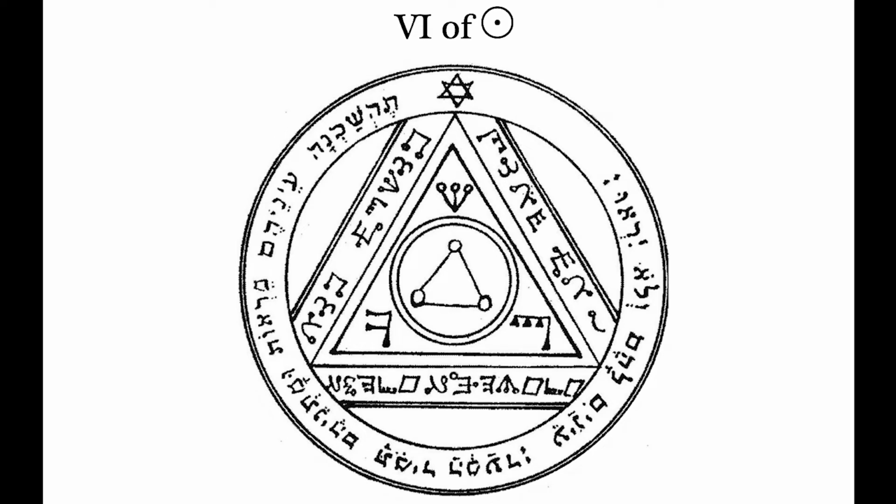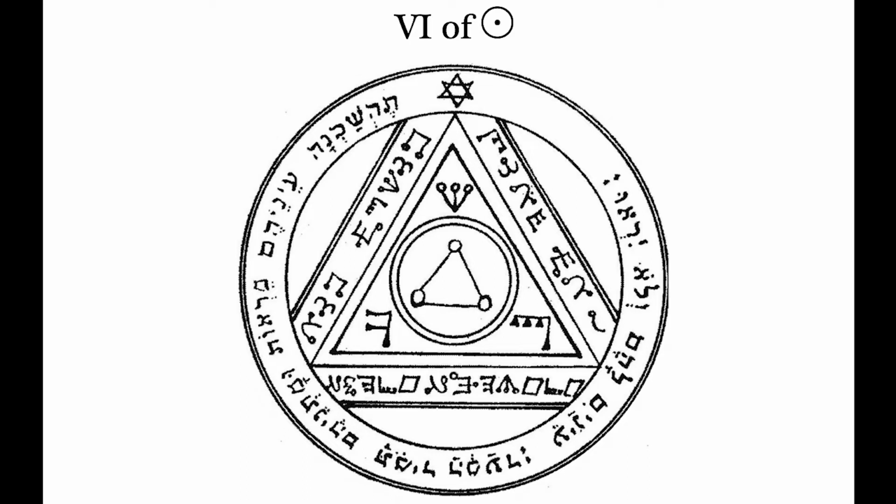You'll see that there's 2 types of script that are used in this particular symbol. Within the innermost part of the talisman, it's all written in the writing of Passing the River. And the outermost circle is written in Hebrew. Hebrew, of course, is written and read from right to left instead of left to right.